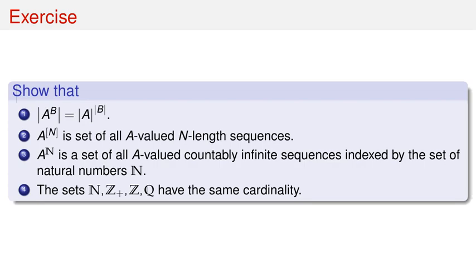Third, A^N is the set of all A-valued countably infinite sequences indexed by the set of natural numbers N. And fourth, the sets N of natural numbers, Z+ of non-negative integers, Z of integers, and Q of rational numbers all have the same cardinality. They are all countably infinite.